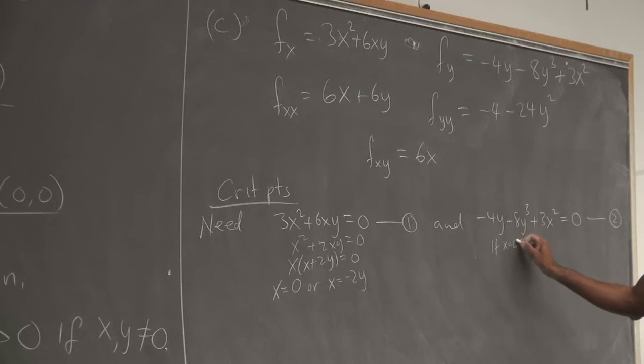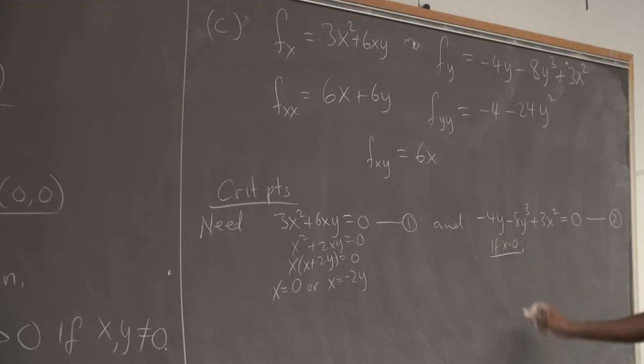If x equals 0, then I end up with minus 4y minus 8y cubed equal to 0, right? Which means I can take out minus 4, and this would give me 1 plus 2y squared. And so what are the solutions there?